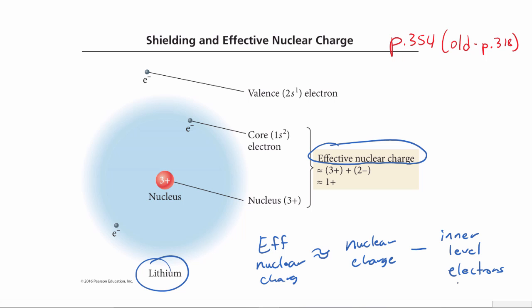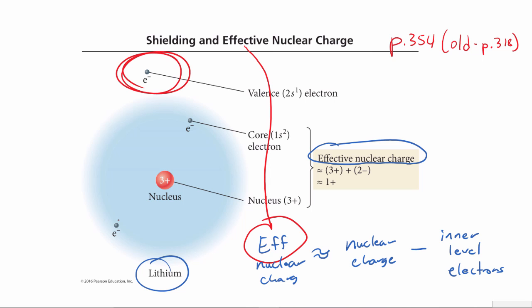We call it effective because this is effectively what the valence electrons are experiencing for a charge. It's because the valence electrons are shielded by these inner level electrons. That's what we call the shielding effect. If you look at this valence electron out here, it is being shielded by these inner level electrons.